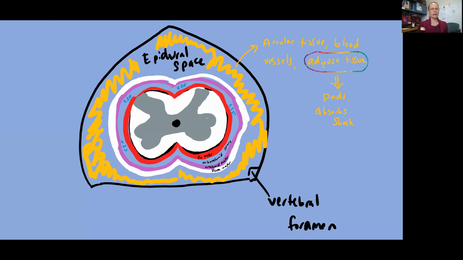This is providing padding and shock absorption. You also have a lot of blood vessels in this particular area. And then notice you have the bone shown here in black as the border for that vertebral foramen. So the epidural layer is this padding of fat, primarily adipose tissue, between the bone of the vertebral column and that dura mater.